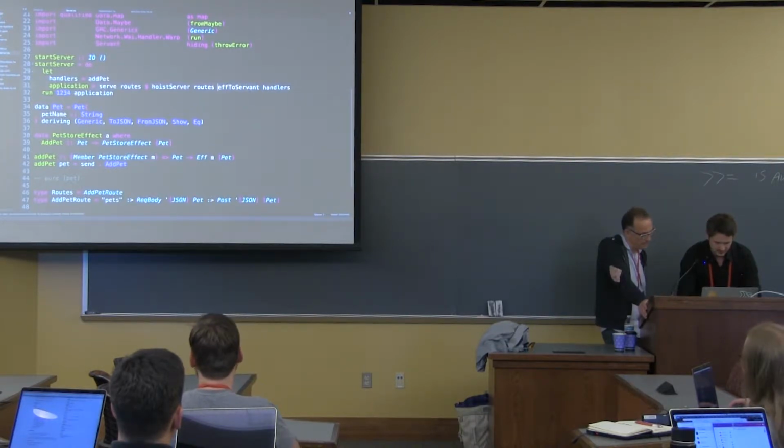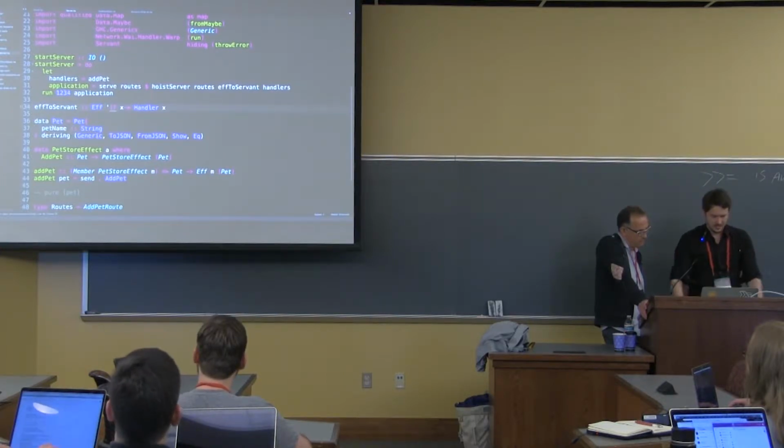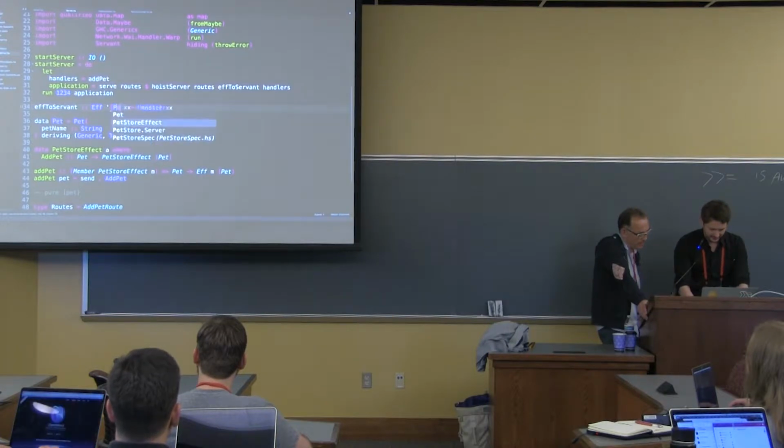Yep. And what's the type of this? It goes from F and some stuff here to a servant handler of X, and that's also X. And now we need our effect stack here, right? Yeah, I mean, we definitely need our pet store effect.